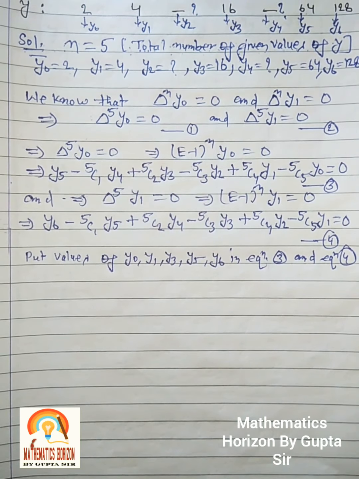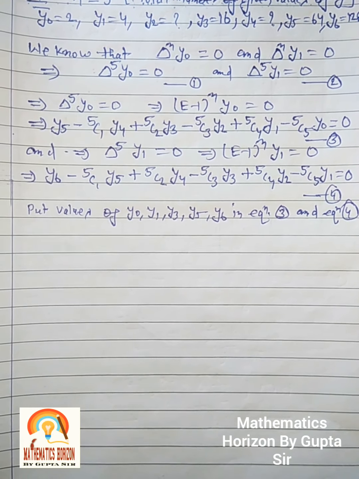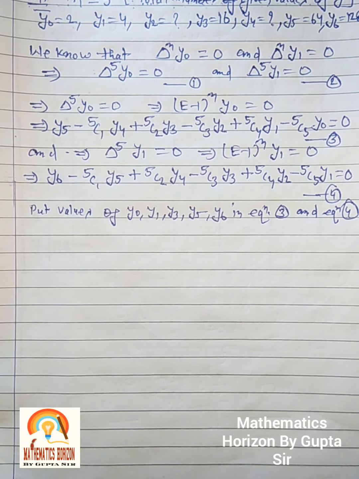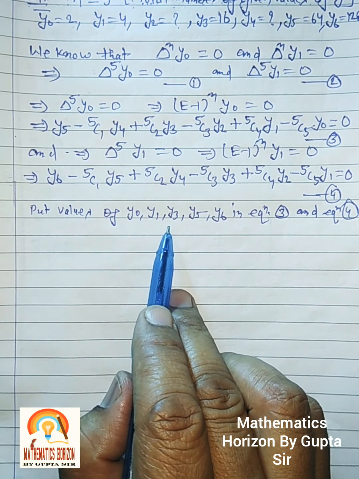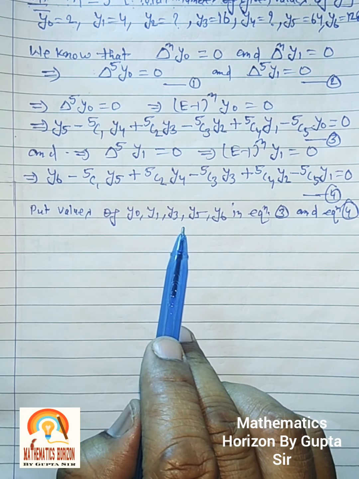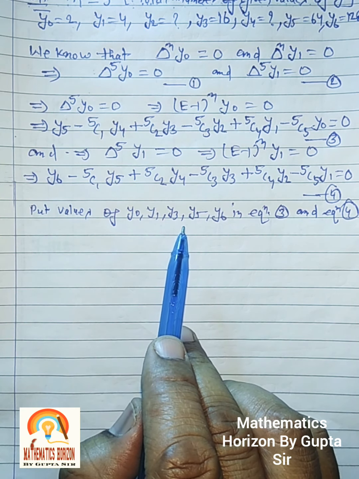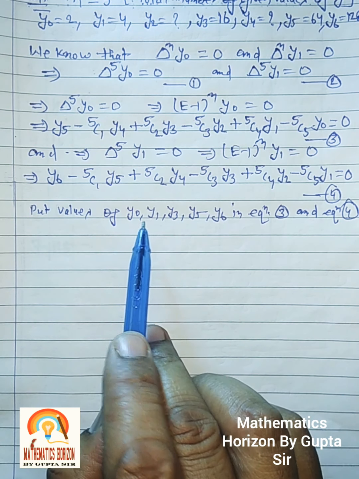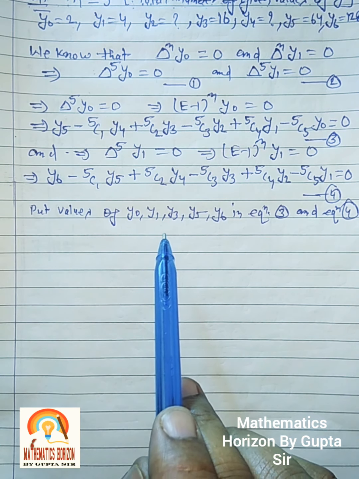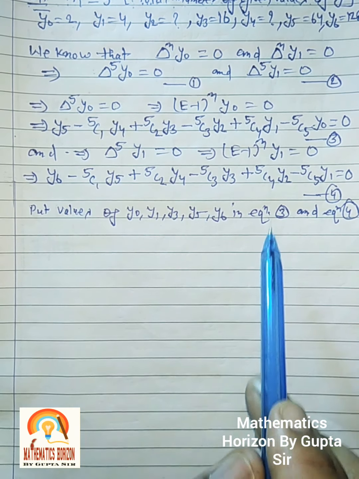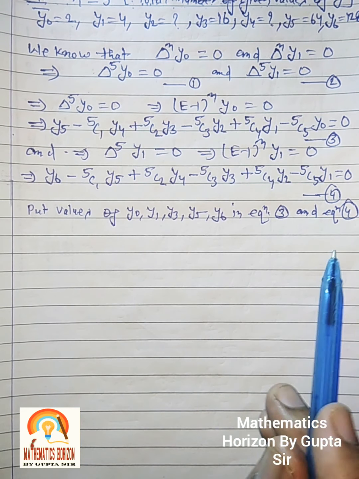Here y2 and y4 are unknown terms; we don't have any value for them. We have to put the values of y0, y1, y3, y5 and y6 in equations 3 and 4.